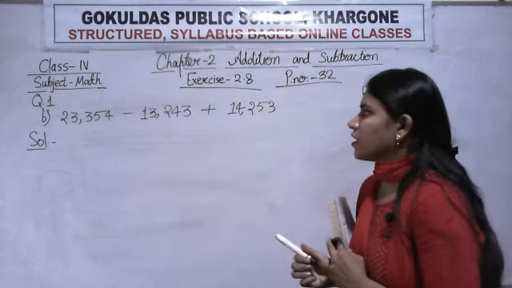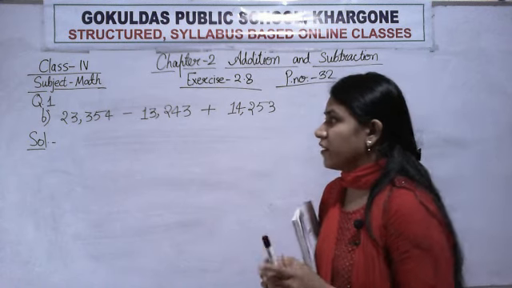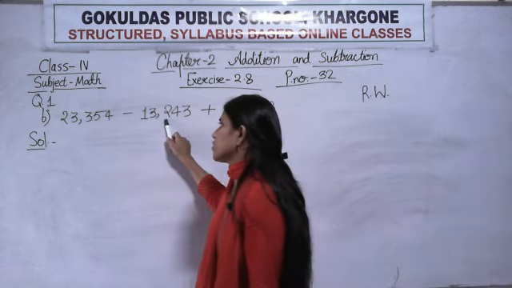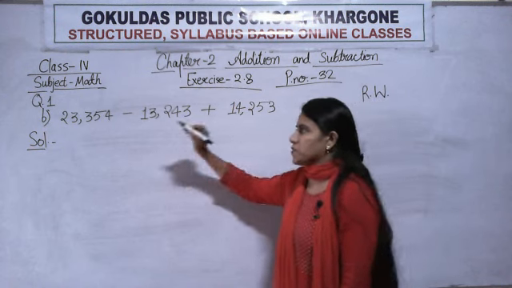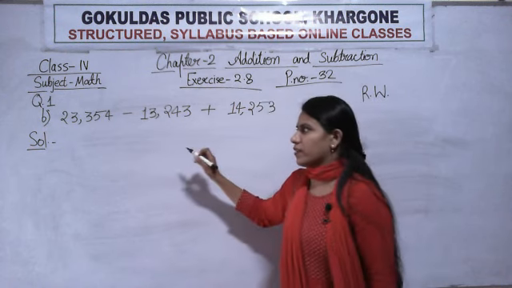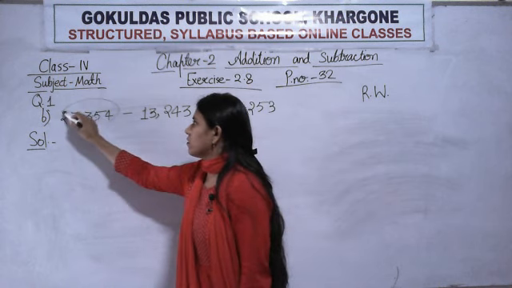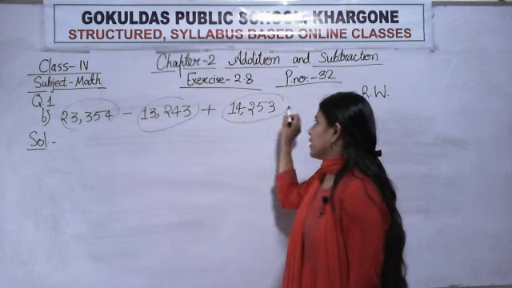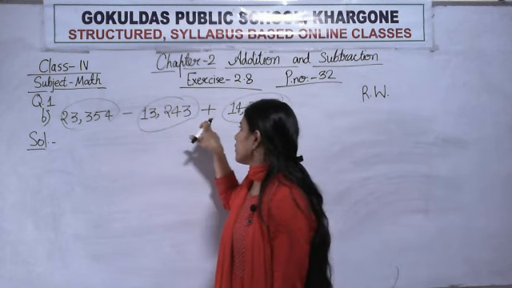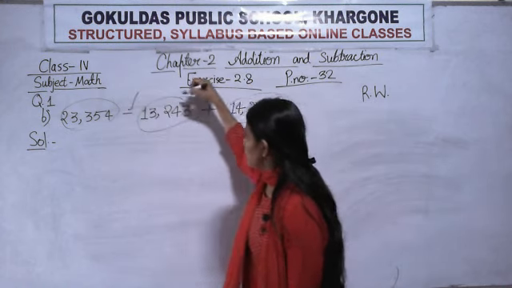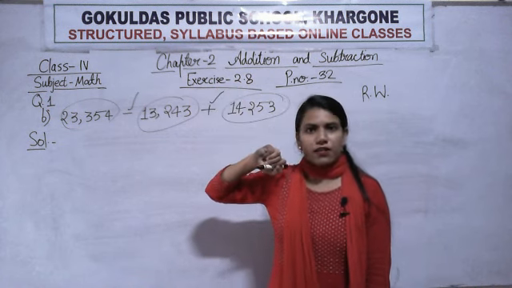Okay, 23,354 minus 13,243 plus 14,253. You observe that 3 numbers are given there. First number, second number and third number. Okay, and here also you see that 2 operations you have to perform. One is subtraction and one is addition, right?